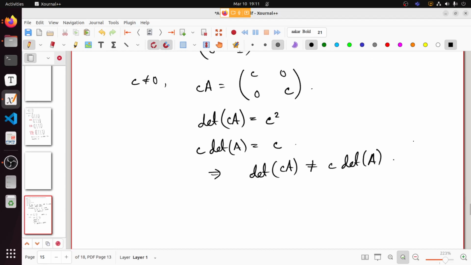So what is actually happening? You can note that because it is a 2 cross 2 matrix, determinant of CA is C square times determinant of A, not C times.